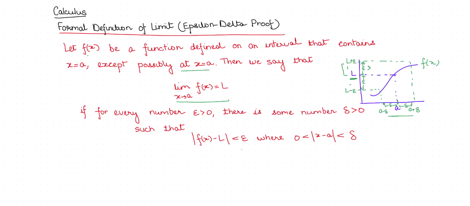There is some delta greater than 0 here. These distances are delta, such that |x minus a| less than delta means x is between a minus delta and a plus delta. So I've explained this in detail in the last video, and we have done some basic problems. Now let's do one challenging problem.